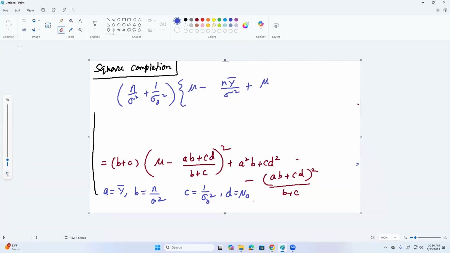You see, here I have to be very careful. And the denominator is b plus c, so it is n over sigma square plus 1 over sigma 0 square, inverse of it.